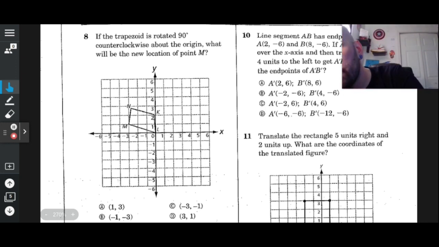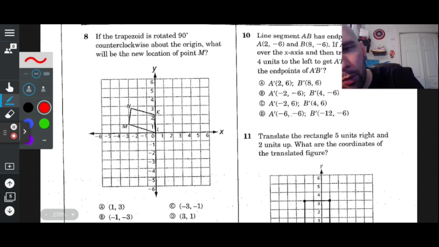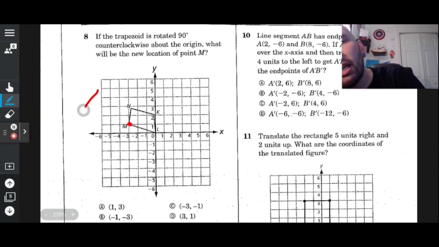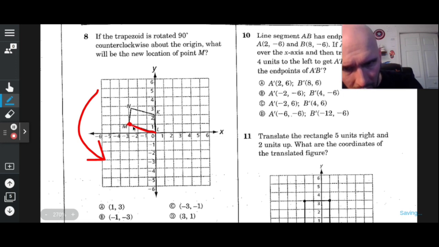Here's M. Rotating this guy 90 degrees counterclockwise is going to go this way. I'm going to pretend M is a ball on a piece of string. And if I take that piece of string and move it down 90 degrees, it's going to make a 90-degree angle, see what I did, and live right there.